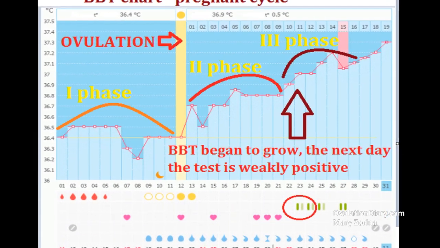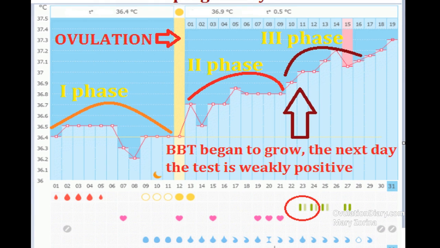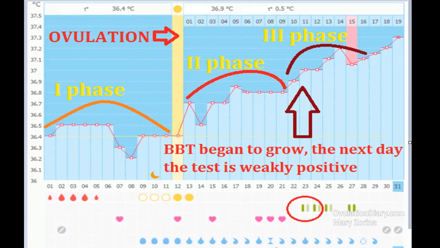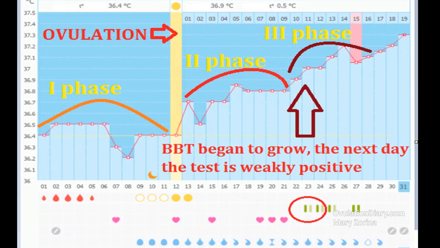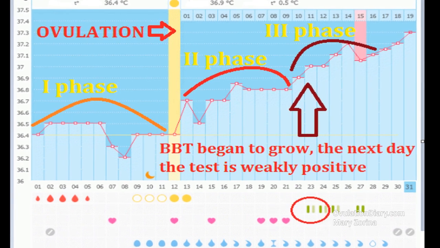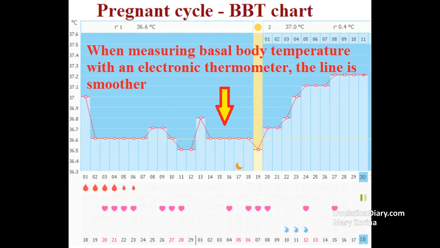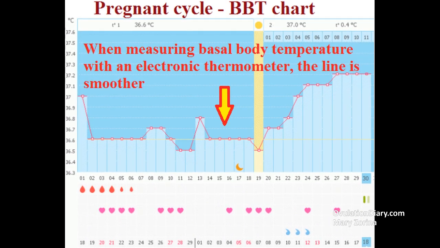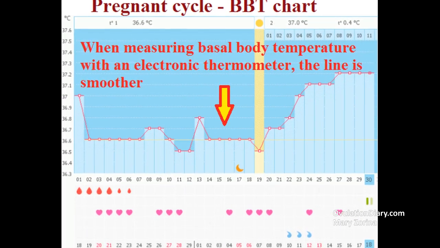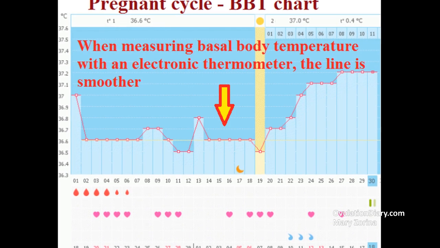Since the temperature rises for 3 days after ovulation has occurred, gradually or spasmodically, depending on individual predisposition, by about 0.3 to 0.4 degrees Celsius or 0.54 to 0.72 degrees Fahrenheit, sometimes higher.